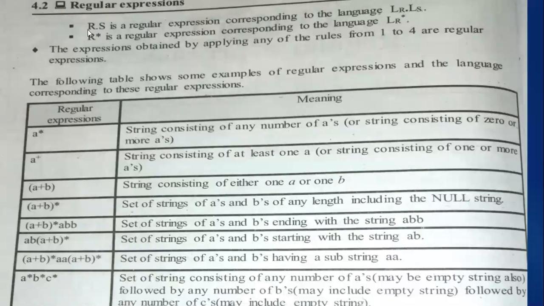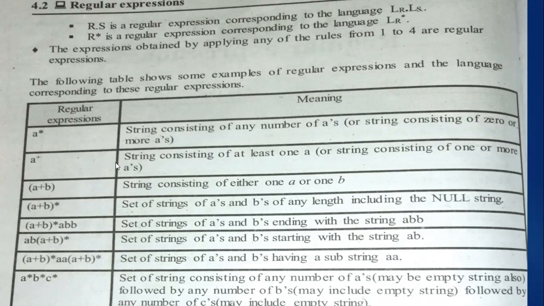Then for the closure property, LR star, R star will be utilized. Don't worry, when we solve problems you will get better knowledge. These are the four rules for generating a regular expression.